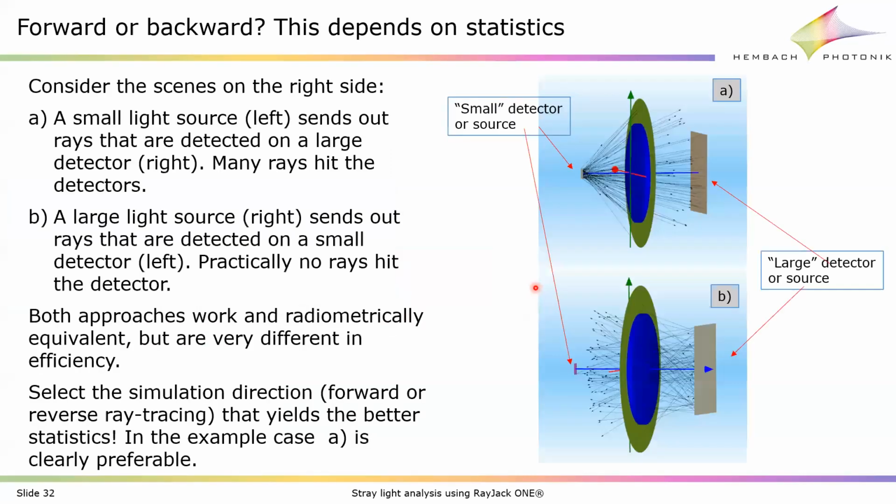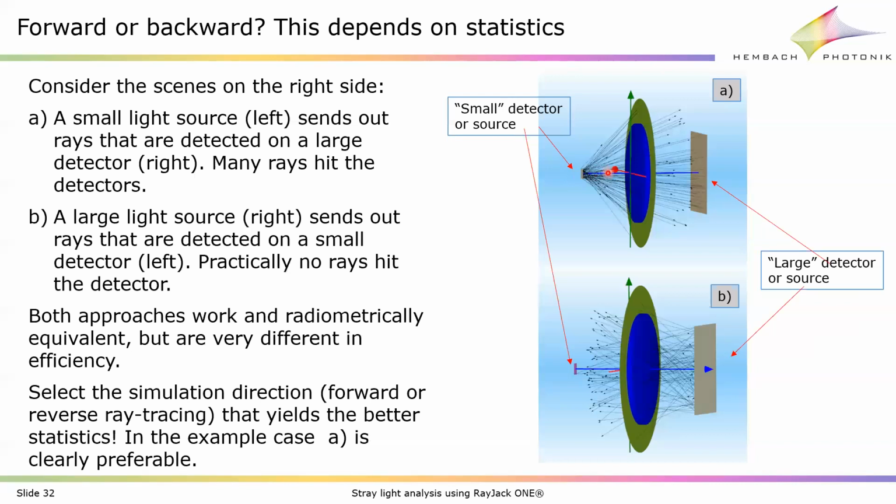Let's talk about the simulation of stray light. So you may ask whether it is better to trace the rays forward, that means from the light source to the detector, or maybe you do it the other way around. This is both possible from a radiometrical point of view, and you only have to decide which direction gives you the better statistics.